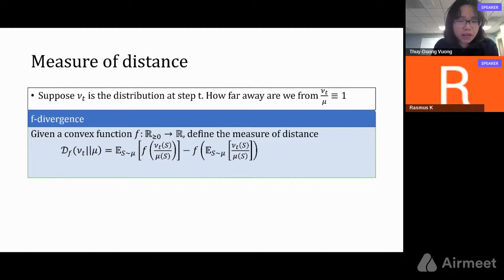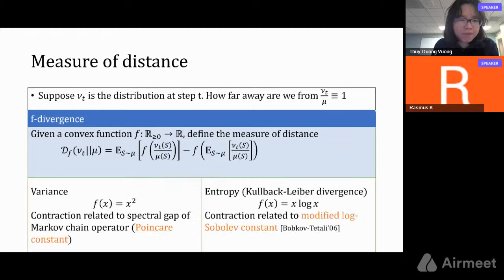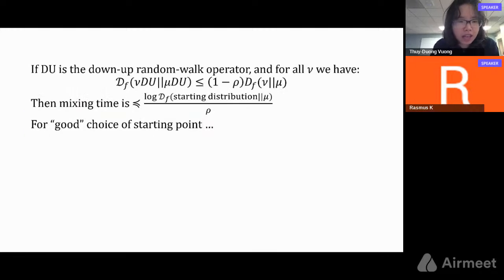Some useful special cases of the function f that people usually consider: when f(x) is x squared, then this divergence is called the variance distance, and when f(x) is x log x, then the divergence is called the Kullback-Leibler divergence, or KL divergence.